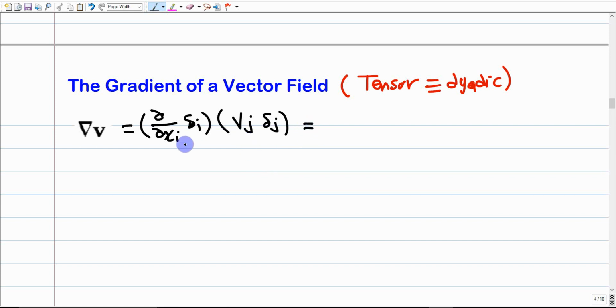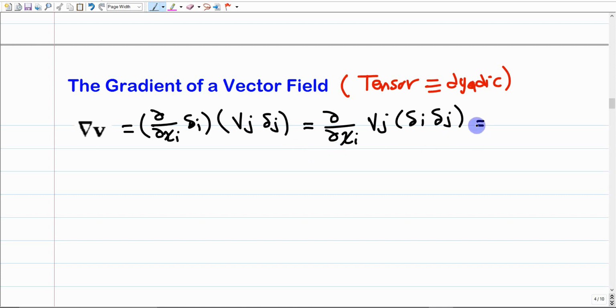Then we do the multiplication of partial by partial xi vj, and then delta i times delta j directly. Delta i delta j indicates that this is a tensor. There is no specific operation between these two unit vectors in this form. They indicate directly that we do have a tensor.